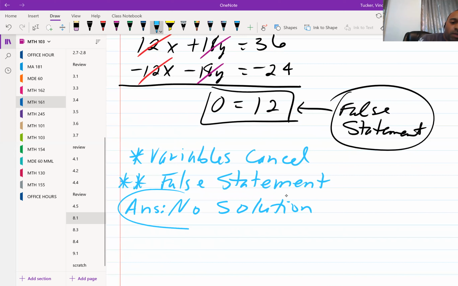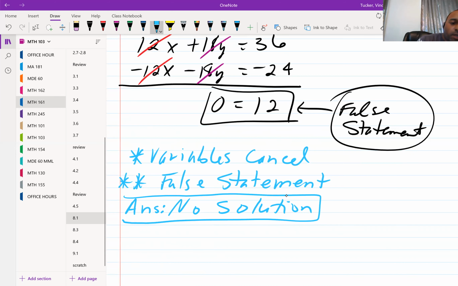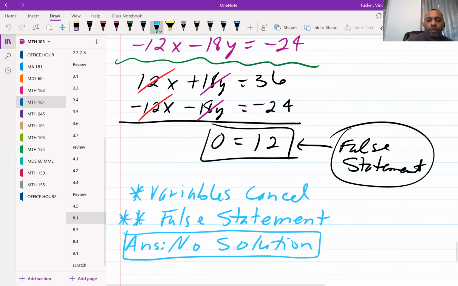All right, so make sure you're good with that. So variables canceled, ended up with a false statement. Your answer is no solution. Notice your answer isn't false. Answer is not false statement. Your answer is no solution.